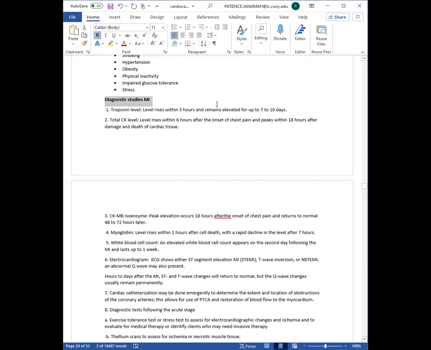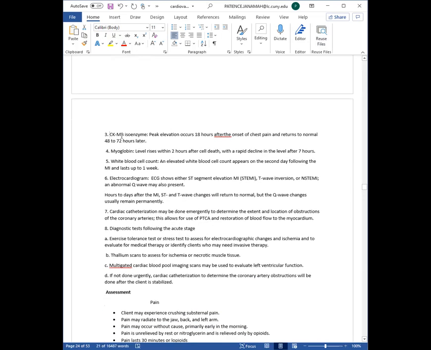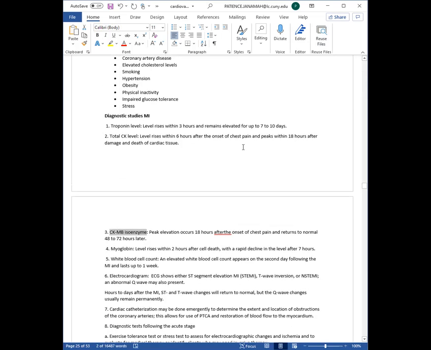Troponin levels will be elevated within 3 hours, and it can stay elevated for up to 7 to 10 days. The CKMB is an isoenzyme. The peak elevation occurs 18 hours after the onset of chest pain, and it returns to normal in 48 to 72 hours.